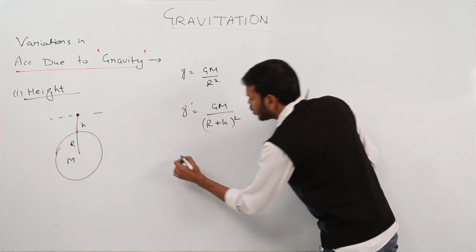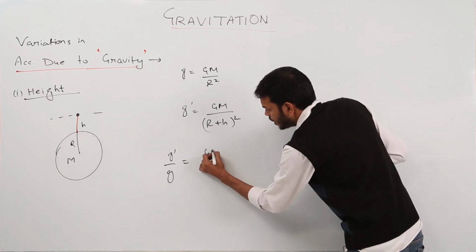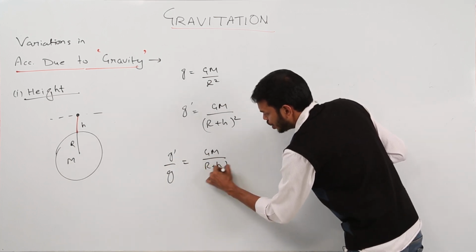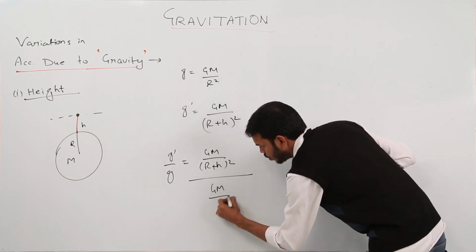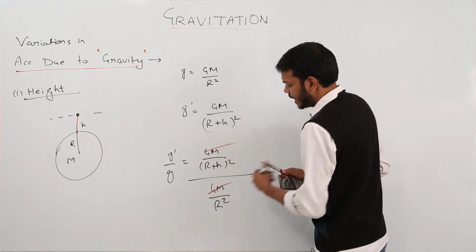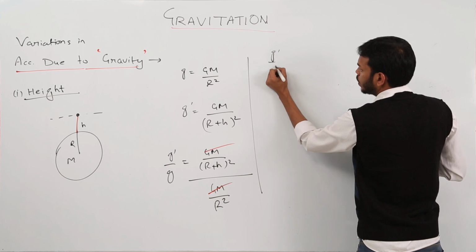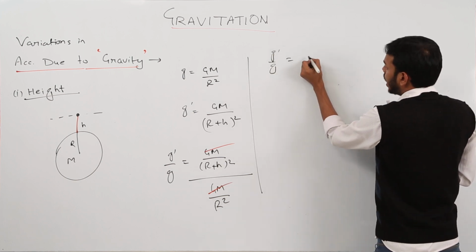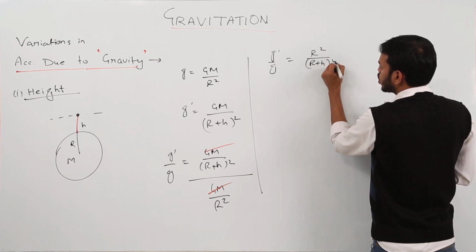If I divide these two, g dash over g, I will be left with GM over r plus h whole square, whole divided by GM over r square, right? I will get this term on the numerator side. So g dash over g is r square over r plus h whole square.